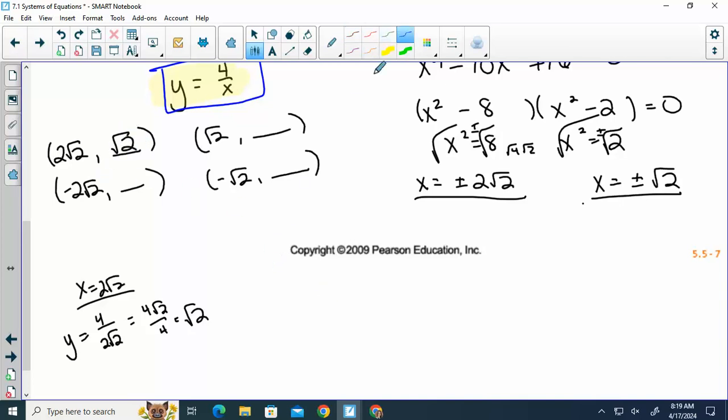If I made it a negative 2 radical 2, negative 4 over 2 radical 2. Or you could think, if you reduce first, this is negative 2 over the square root of 2. Then if you multiply by your radical, that's where I got just the radical 2.